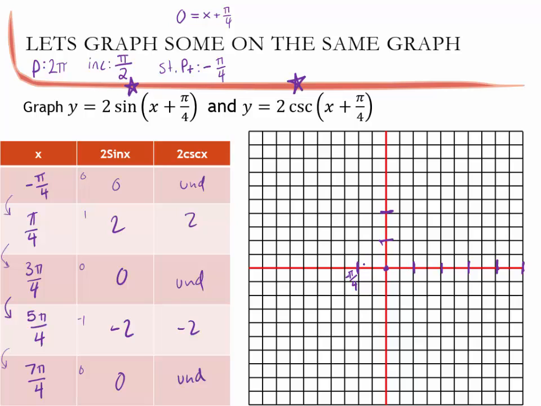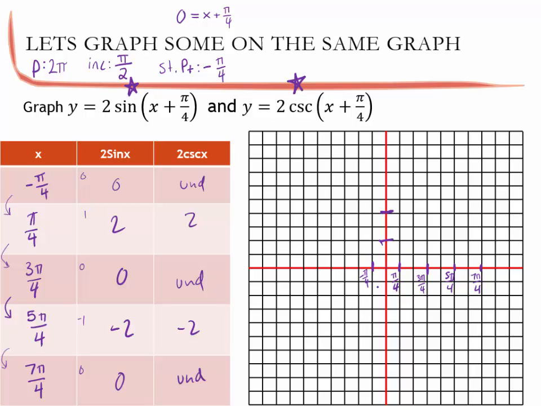Oh, actually, that's right. I forgot about this one. This one we have to go by 1's. Negative pi over 4, 0, pi over 4, and then that would be 2 pi over 4, and this is 3 pi over 4. This is 5 pi over 4, and this is 7 pi over 4. It just has to make sense.